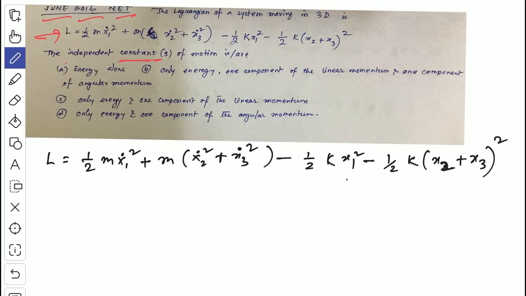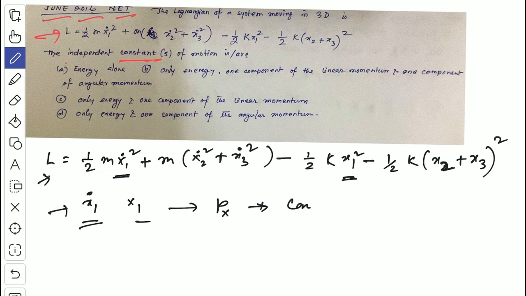So remember one thing, if the Lagrangian contains both x dot and x, so let us consider x1, if both x1 dot and x1 are in this Lagrangian, then its corresponding momentum px1 will not be conserved.